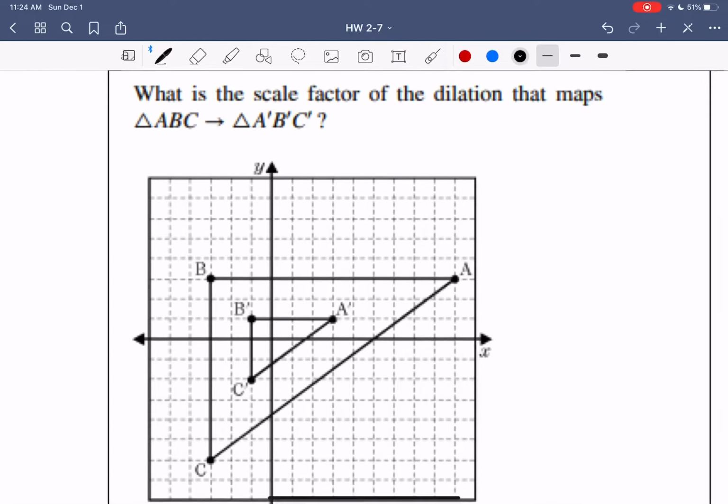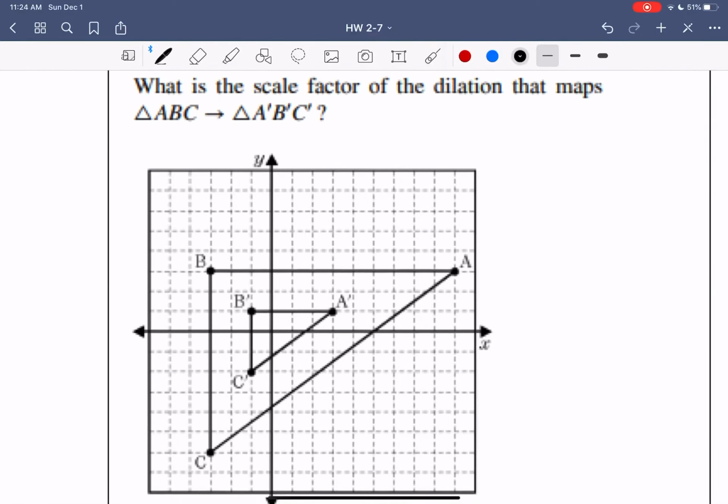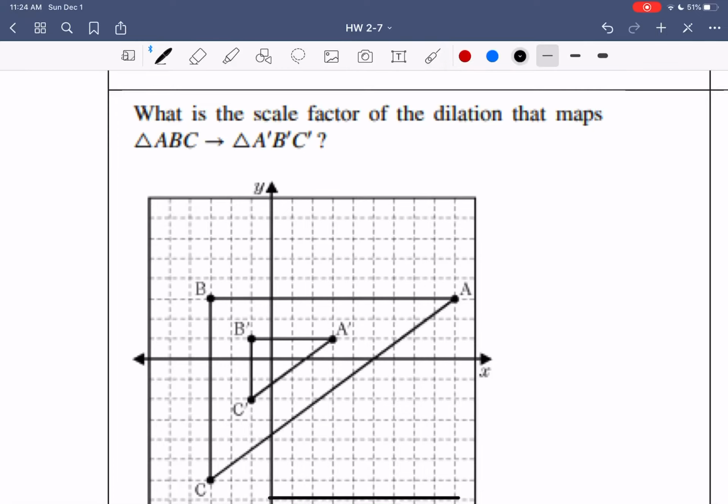What is the scale factor of the dilation that maps ABC to A'B'C'? So let's look at which one is our original.